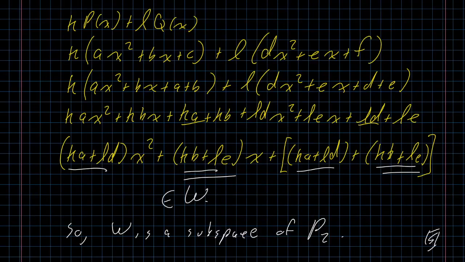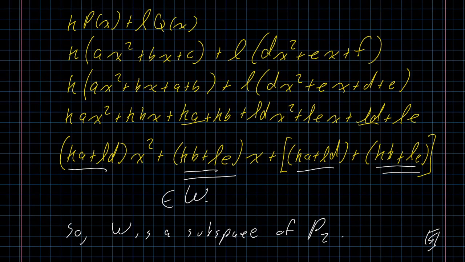W is not empty. The zero vector at the very least is in this set. And in fact, there are infinitely many polynomials in the set, but at least one is all I care about. And it is closed under linear combinations.